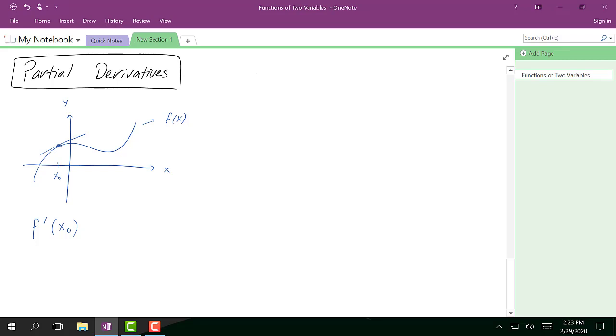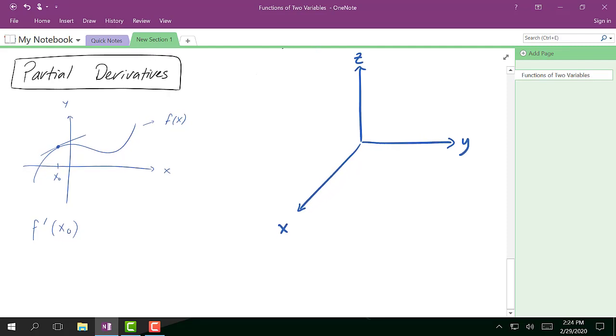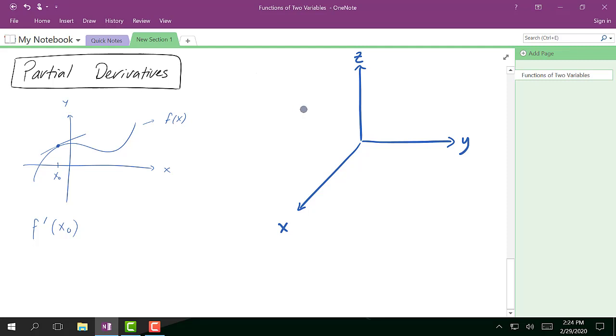Now, what we're going to be doing with multivariable functions is a little bit different. I'll draw it over here, in this thicker color, because I have room. What I have is x, y, and z, and a function that looks like this, f of x comma y.